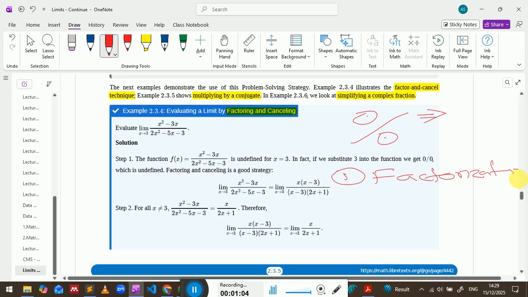Factorization techniques, in the sense, if you have an equation, let's say if you look at this example. What is the question? Limit x approaches 3.